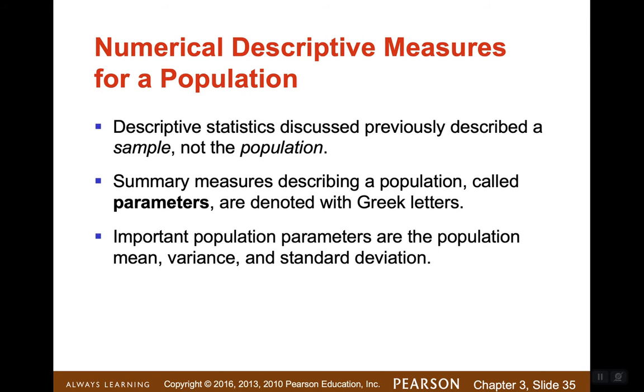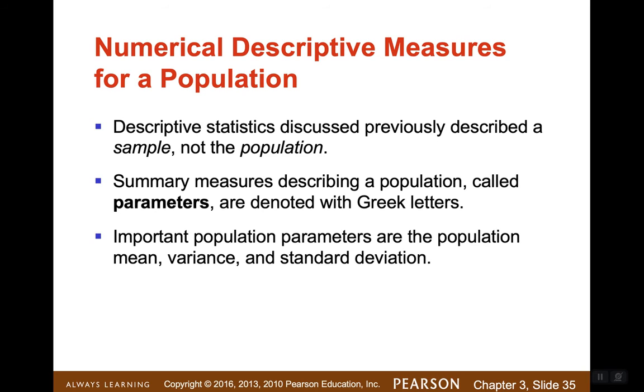All right. So we can do the same thing. We do the exact same thing for a population that we do for a sample, except that we call them differently. When we're dealing with summary measures for a population, we call them parameters, and we have Greek letters assigned to each one.